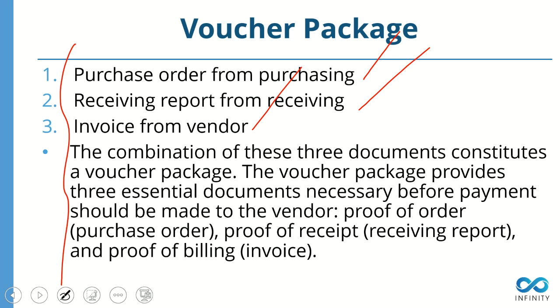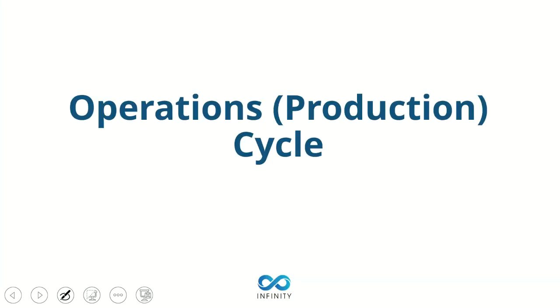All these three documents constitute a voucher package. This is like proof of order, proof of receiving goods, and proof of billing. Using this voucher package, an accountant or an accounts payable clerk can release the payment.